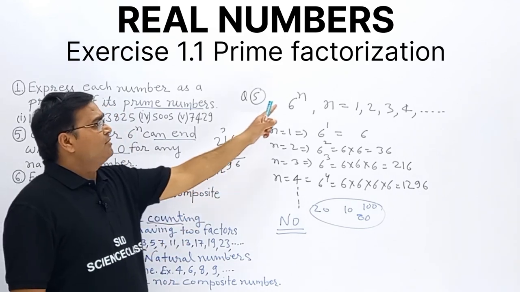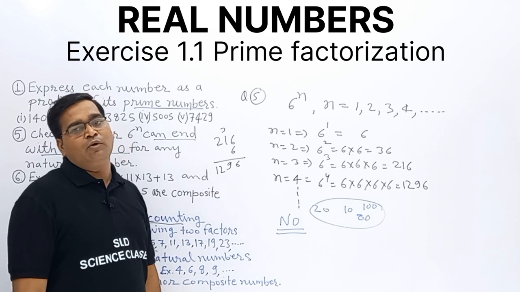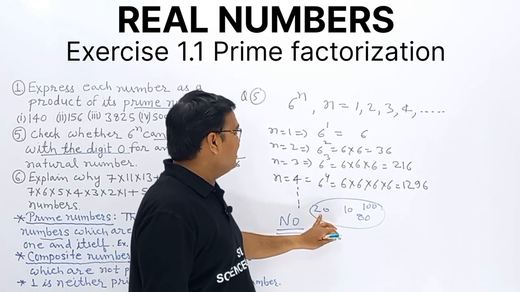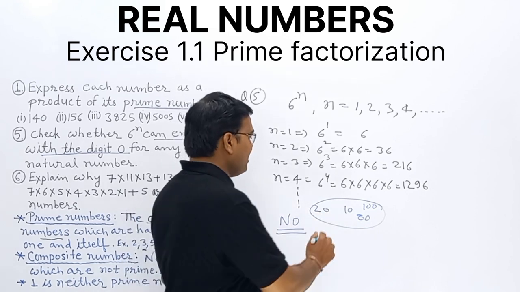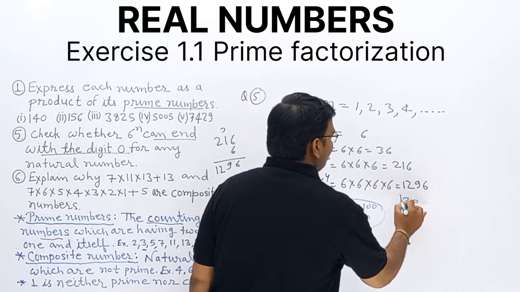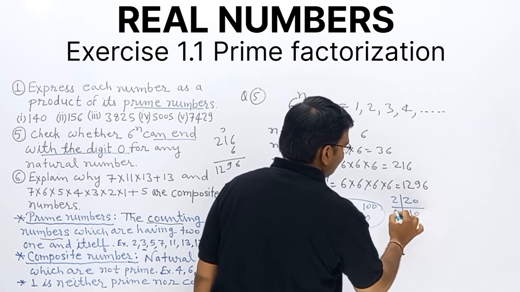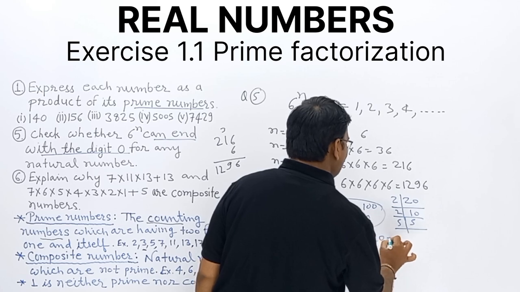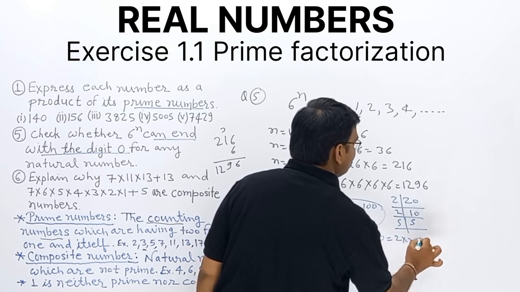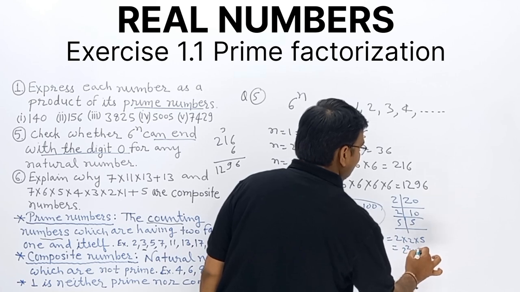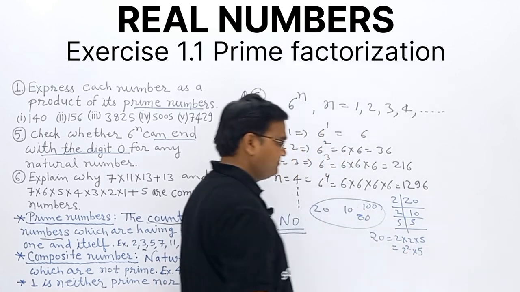So directly we can say, when will a number end with 0? If we have a number like this, and the factors of this number, I am taking 20. What are the prime factors of this number? Dividing by 2, 10 times. Again dividing by 2, 5 times. It means 20 is 2 into 2 into 5, that is 2 power 2 into 5.